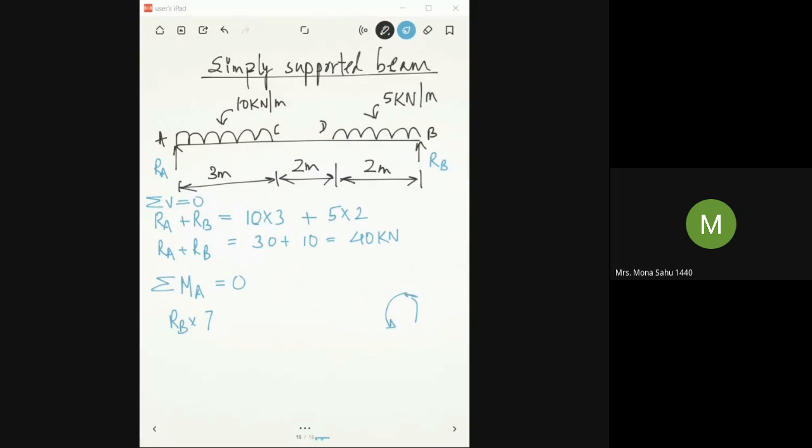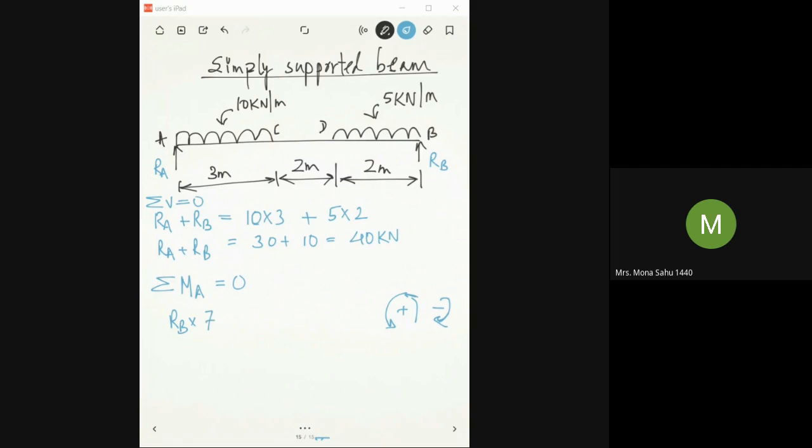It's an anti-clockwise direction, so we are taking anti-clockwise as positive, okay, and clockwise as negative. So RB into 7.